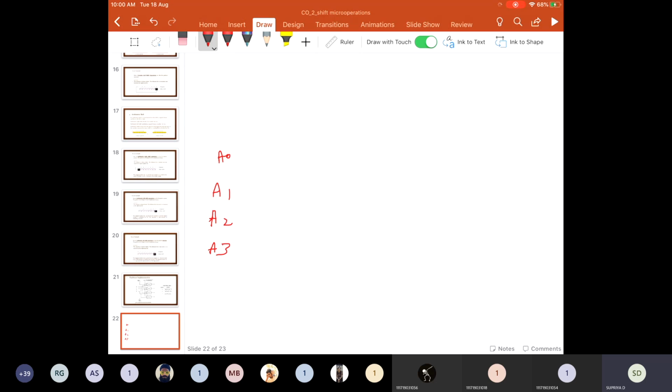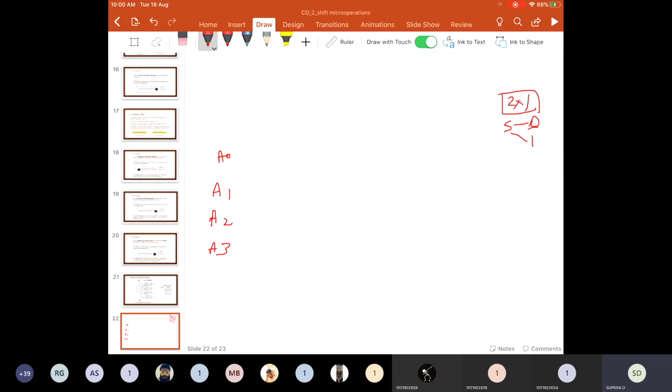I have only two choices, whether to perform shift left or shift right, so I'm using a 2 by 1 multiplexer. How many data select lines do I have for a 2 by 1 multiplexer? 1. It can be a 0 or a 1.